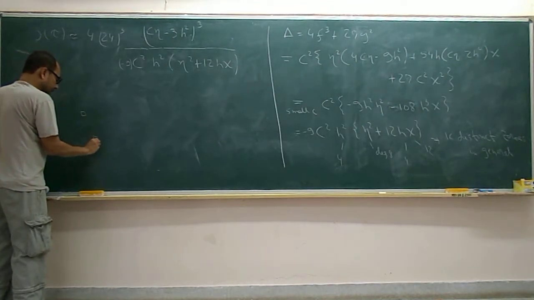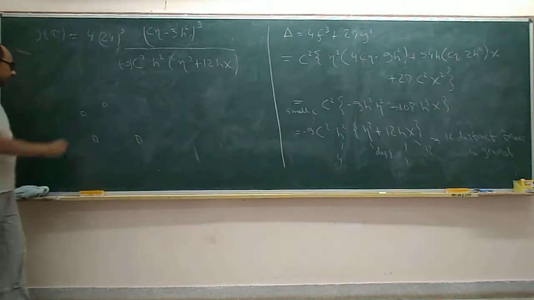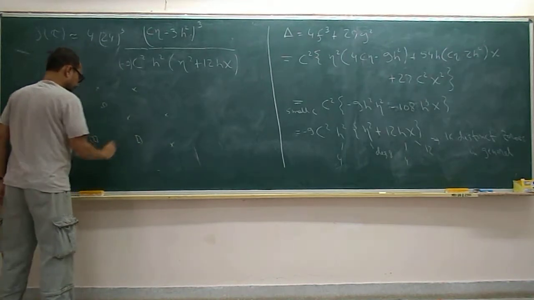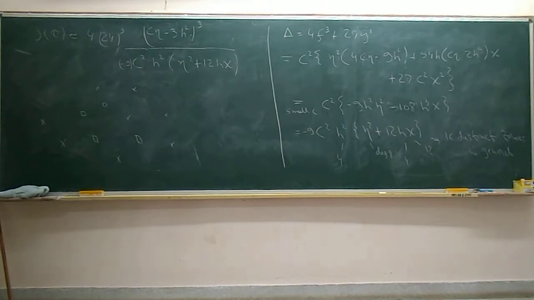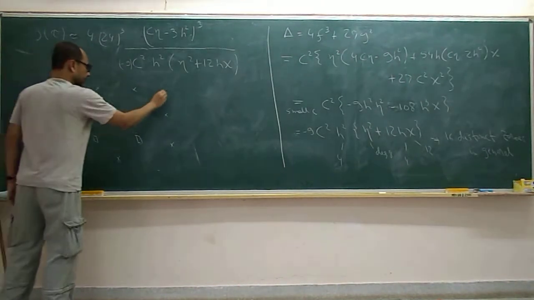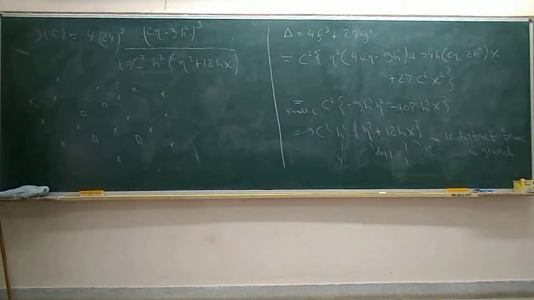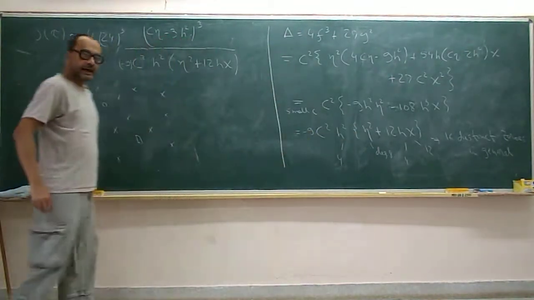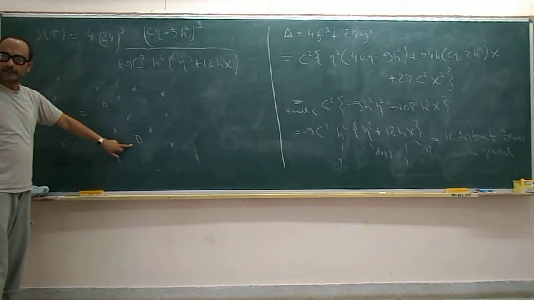Let me draw the squares at the zeros of h, 4 of them, and 16 crosses which are the zeros of the other ones. So 16 of the zeros of this and 4 of the zeros of h.